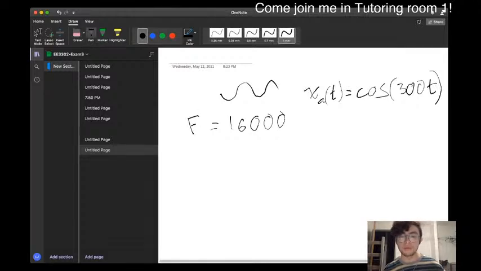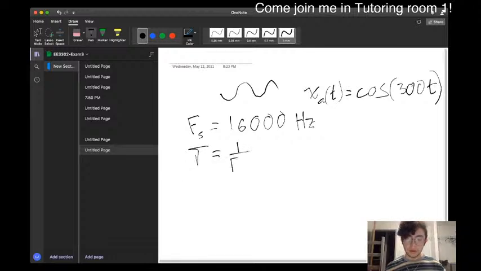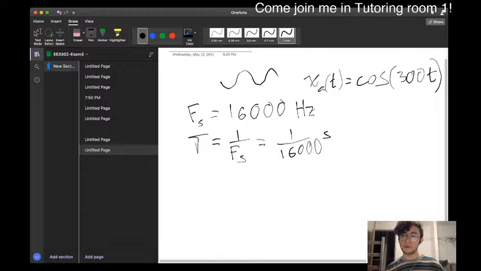T is 1 over fs. Remember how we get T? We go 1 over fs, and we get 1 over 16k seconds.